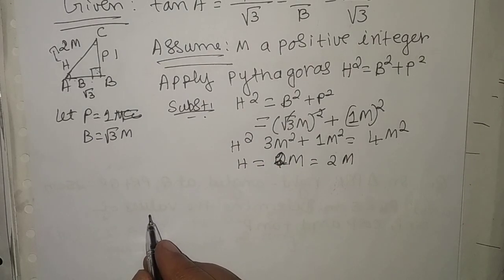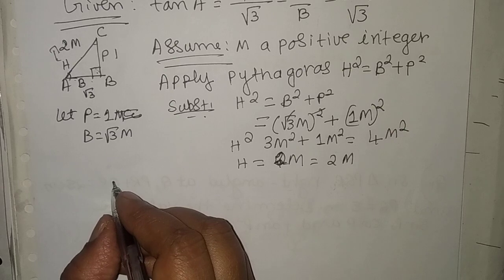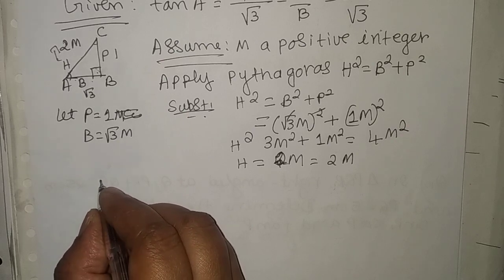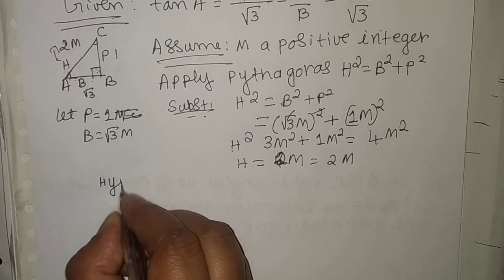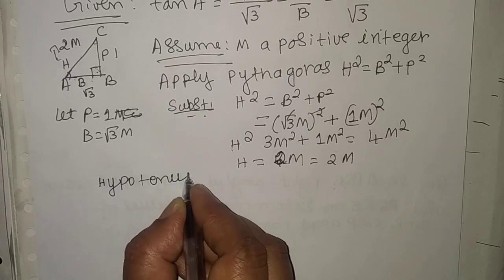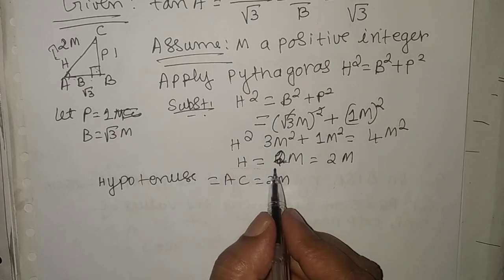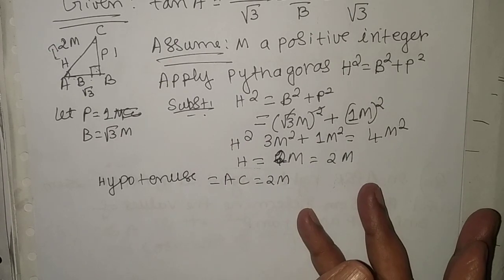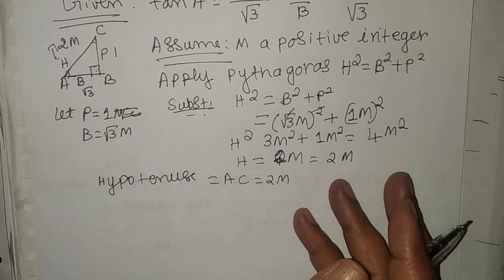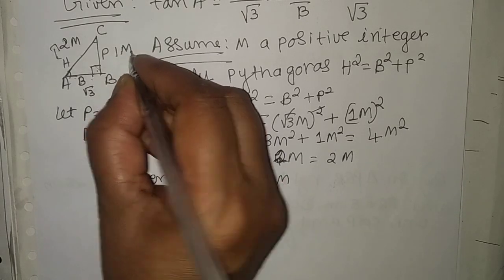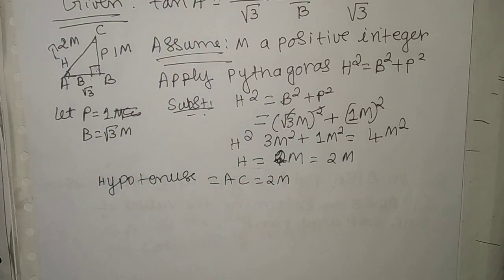So what we got is hypotenuse AC is equal to 2m. The other thing we can write is perpendicular BC is equal to 1m, and base AB is equal to root 3m.